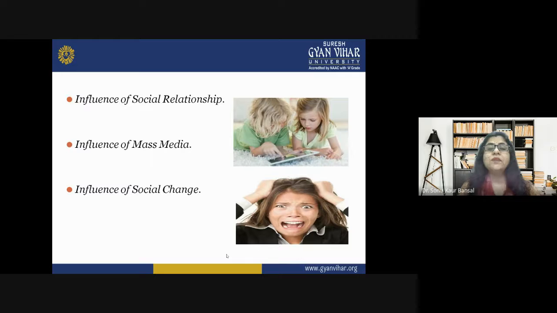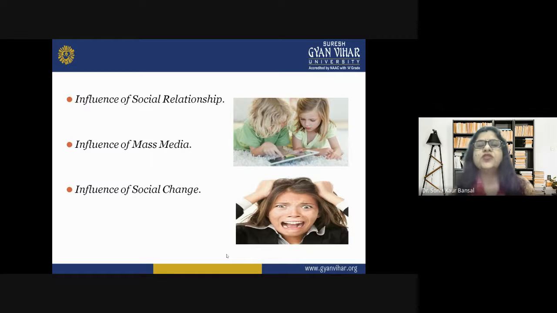So these will be adopted. If the child is adopting something negative, then definitely some sort of behavioral disorders are possible that the child will show. Then the influence of social change. So what kind of social change is around in the environment?